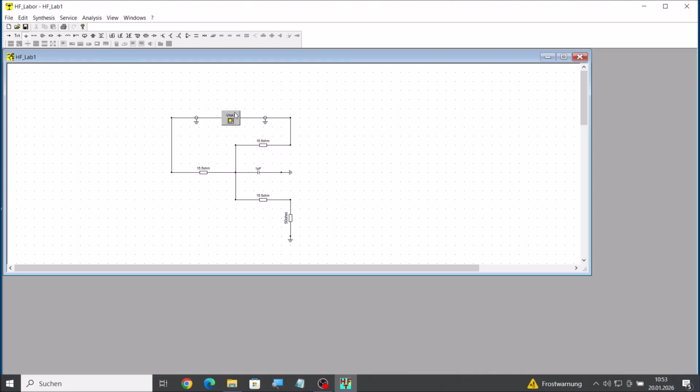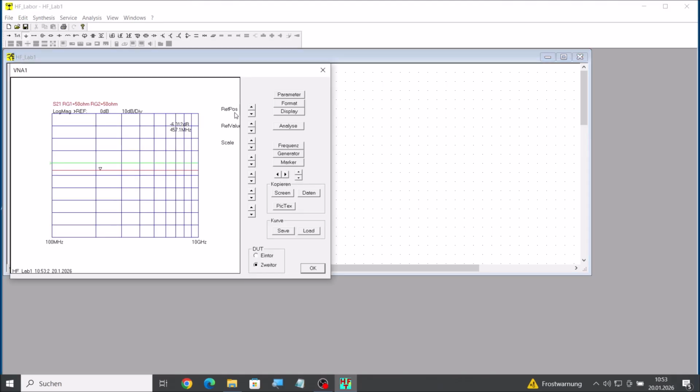If I do the simulation or the analysis now, you will see that for high frequencies this capacitor will result in a short circuit to ground.